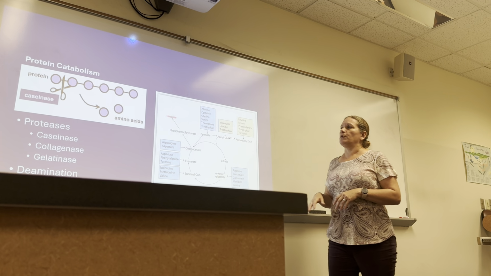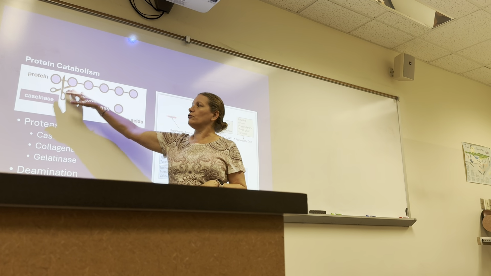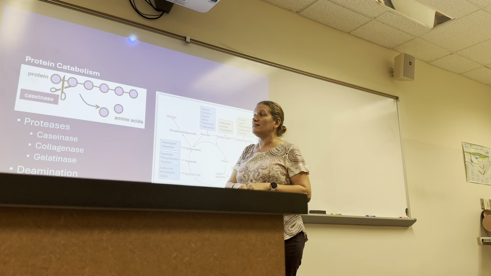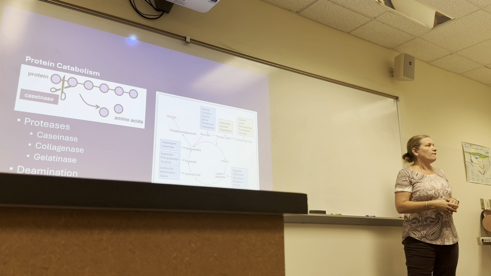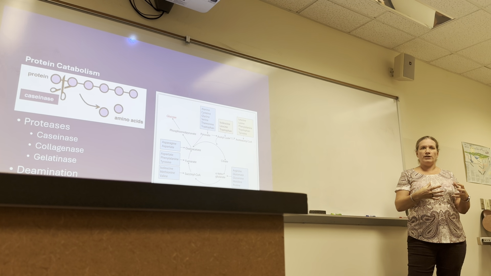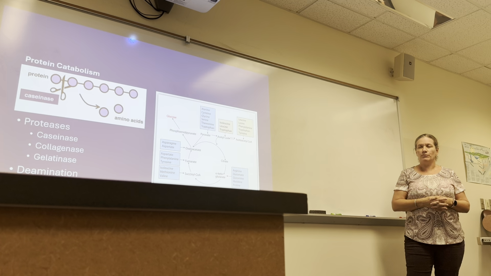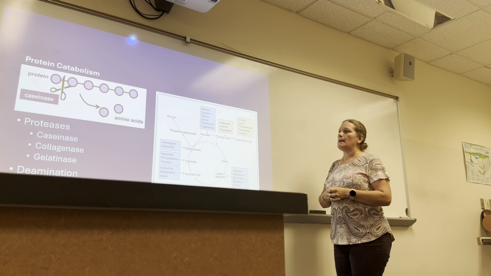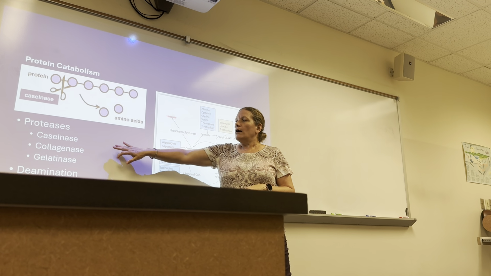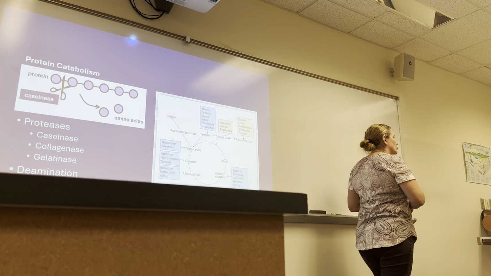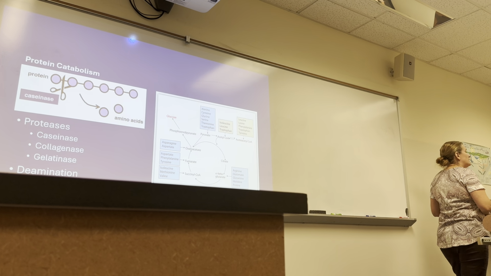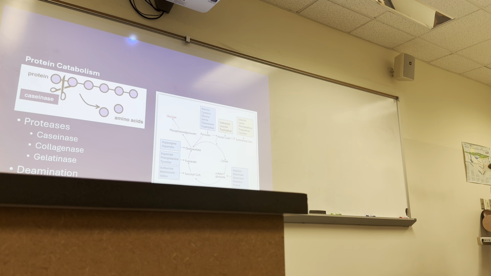The example in this particular picture shows the protease caseinase, which is going to break down casein, the protein of milk, the white protein found in milk, because of that white color. Collagenase and gelatinase are other examples of proteases that break down those specific proteins.